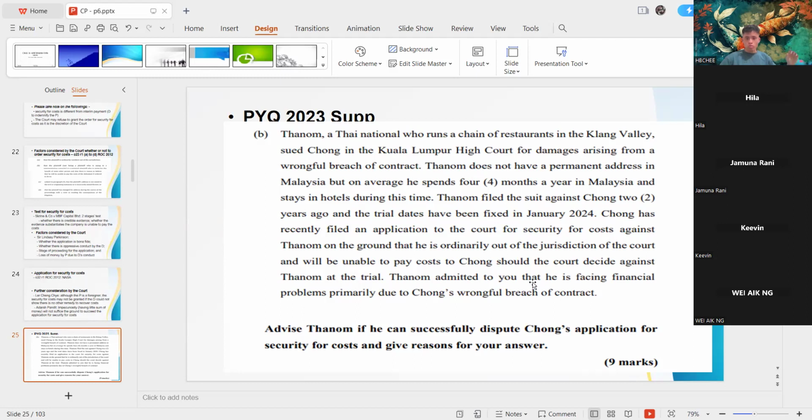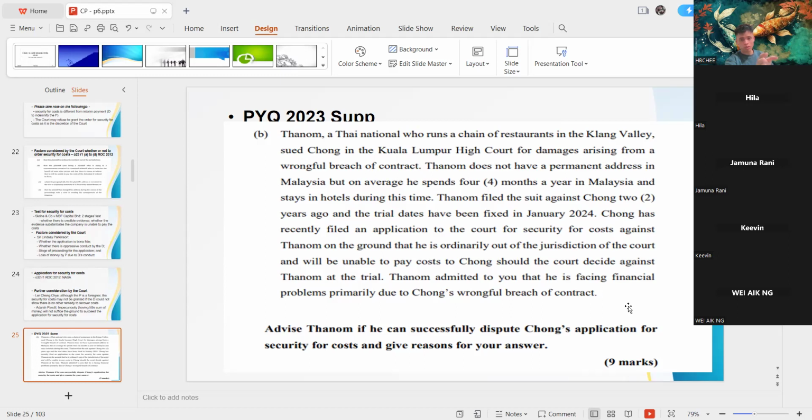So that is the reason why when you see there's a 9-mark question, first thing you have to write out is what are the general rules for awarding the security for cost, Order 23.1. Okay, and then we see whether or not the grounds are suffice. But the thing is, this is quite tricky because the conclusion of this answer is you have to use the case of Lurching Child already.